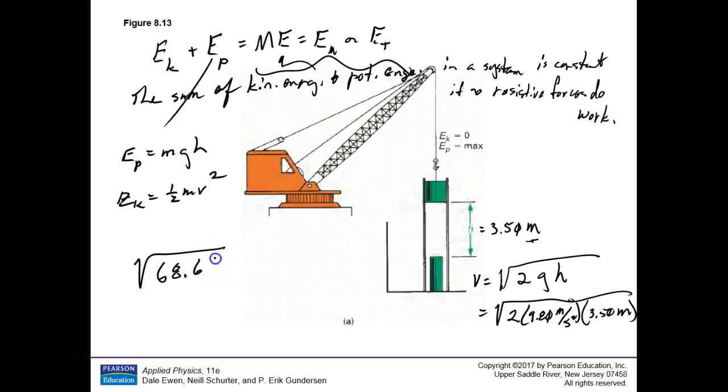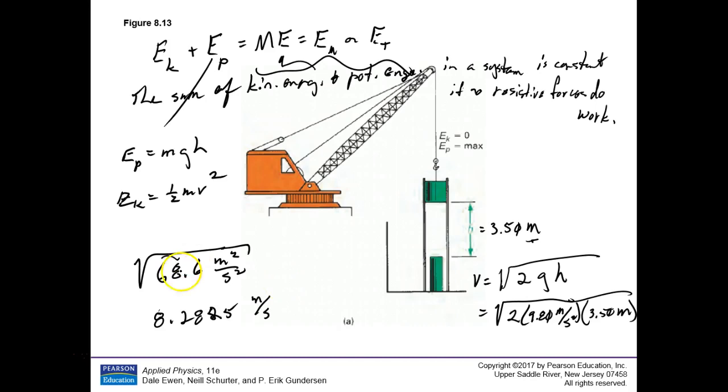68.6 meters squared per second squared. And when you take the square root of that, it's going to be something just a little bit more than 8. 8.2825. And take the square root of the units too, you get meters per second.